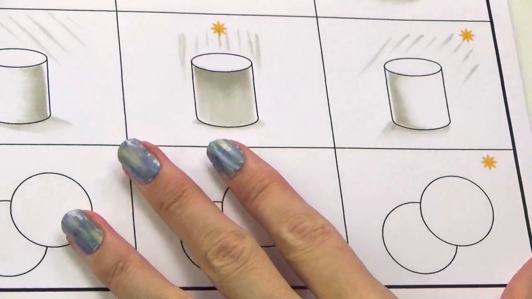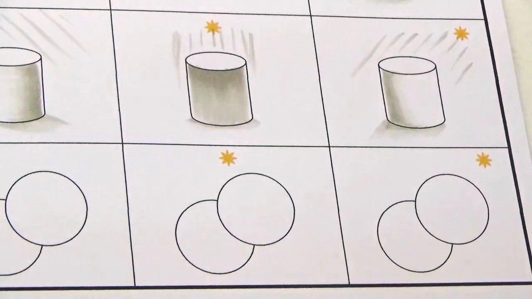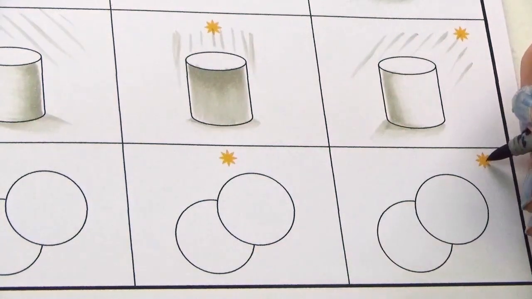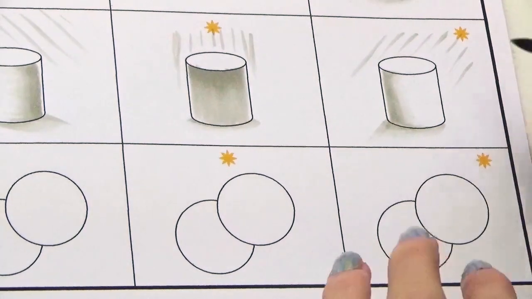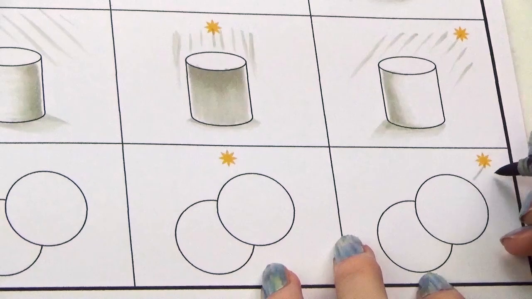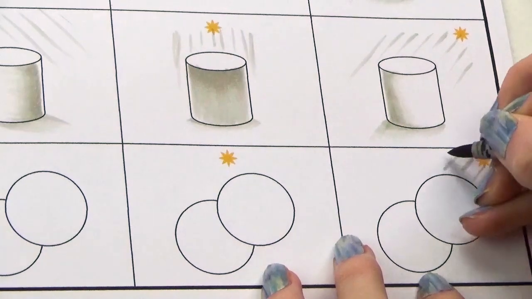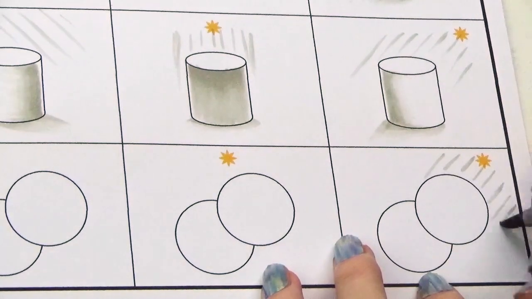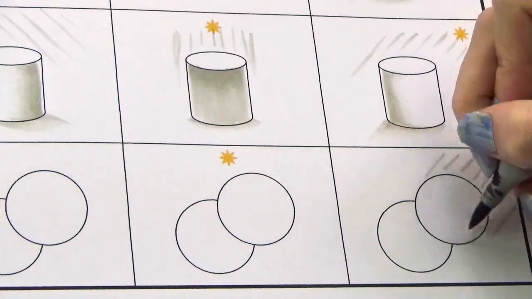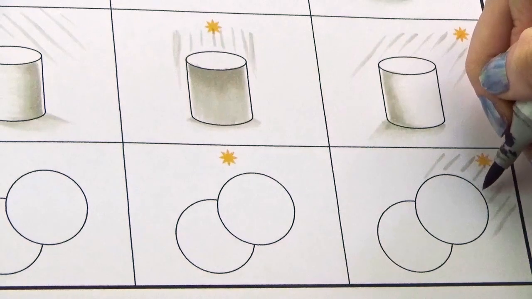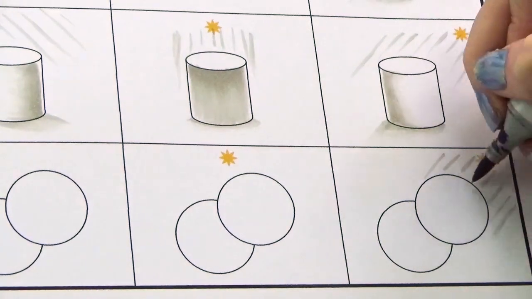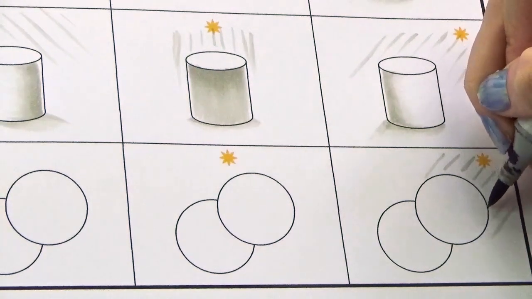I'm actually going to start on this one here, light source from the top right, because that's how my objects are orientated. This is the easiest one. Rays of light come down. So you can see that this object here is definitely in front. If I look at that, I can actually trace around the outline here, not putting any pen to paper, just following it along.